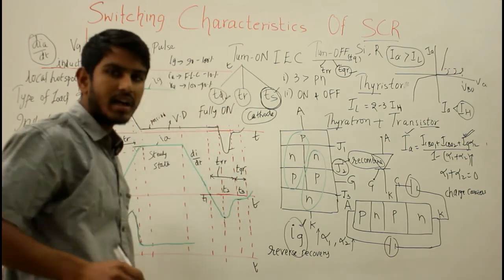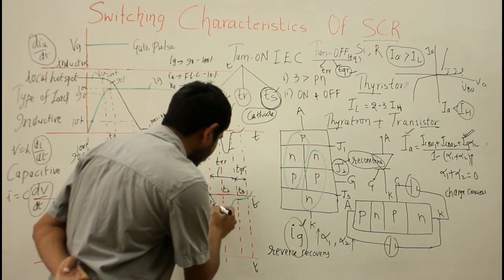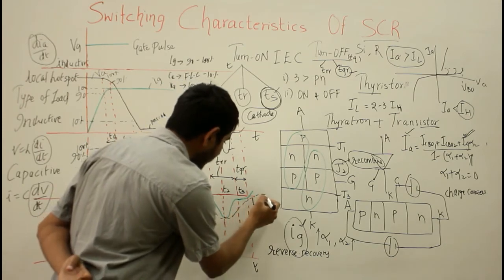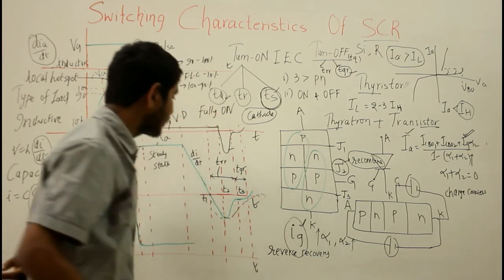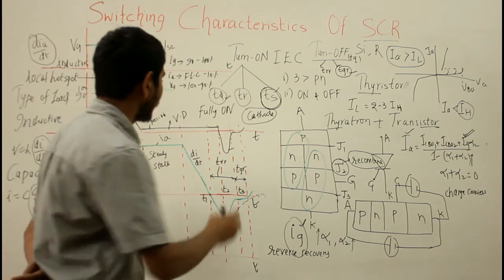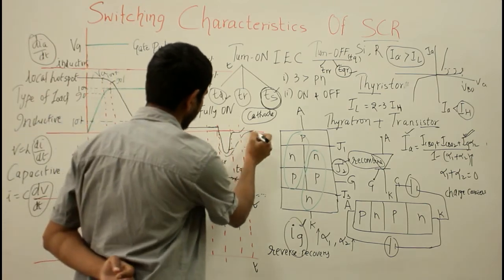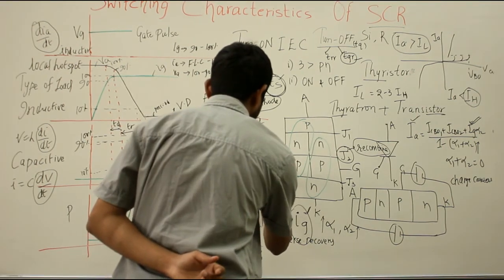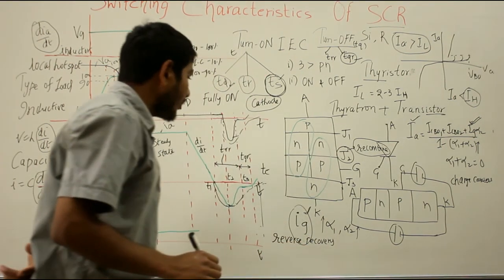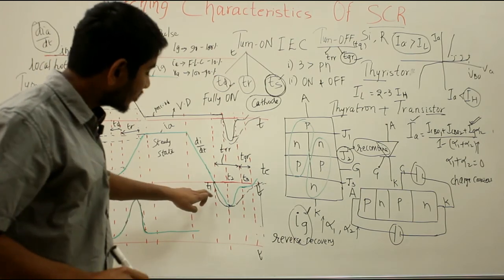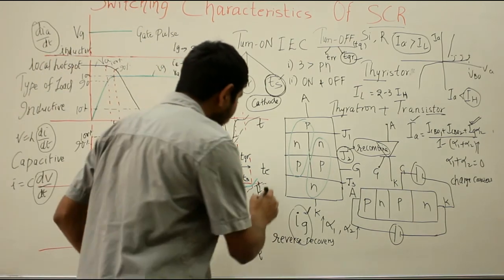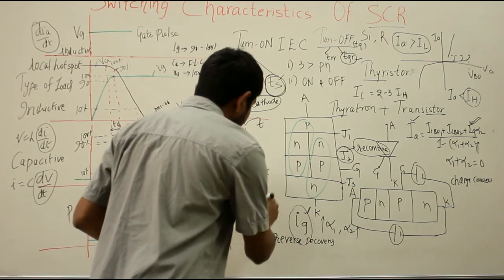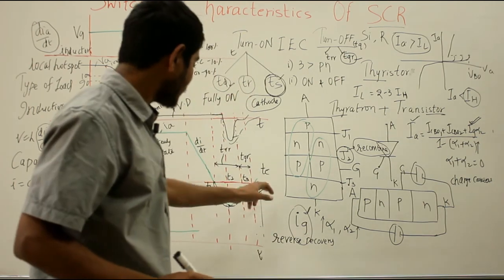Now you will be having another time, that is the circuit turn off time, TC. This circuit turn off time TC is defined as the time interval between the anode current falling to 0 and the reverse voltage due to the practical circuit reaching 0.